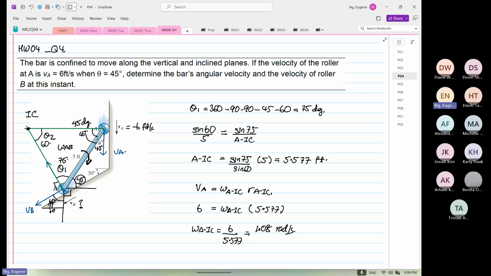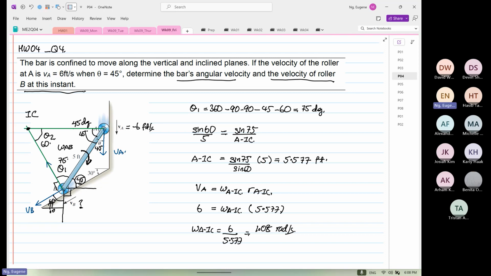Now, we found the angular velocity of the bar. The next thing we want to find is the velocity of the roller B at this instant. This is a pretty tricky question. Why is that?